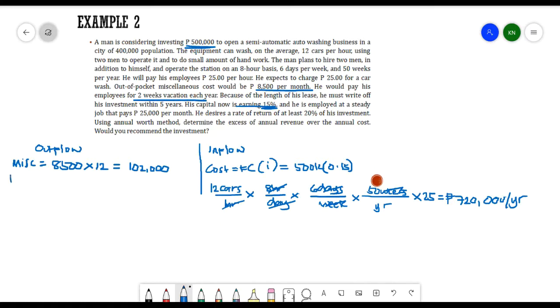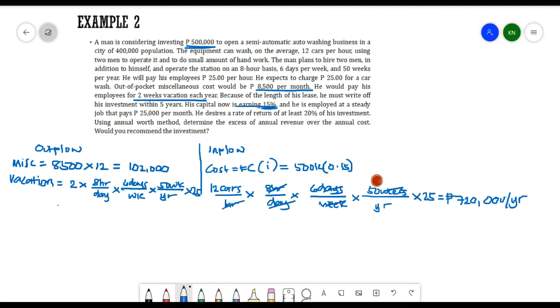So for the vacation of the employees, we have 2 employees times 8 hours a day, times 6 days per week, times 50 weeks per year, times 25 per hour salary of the employee.